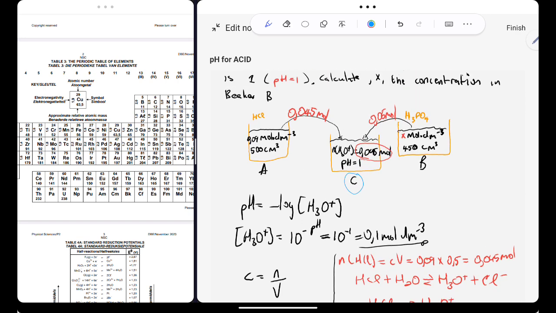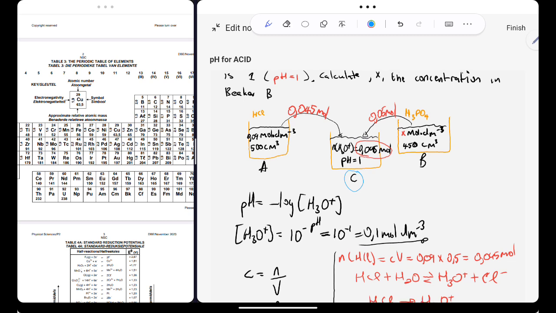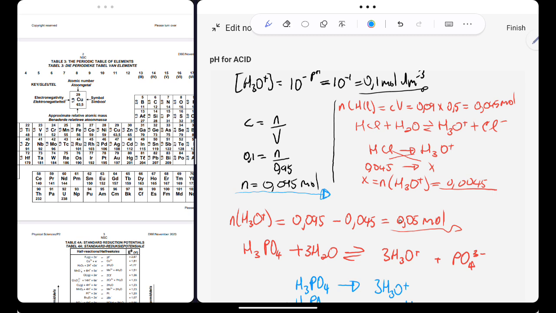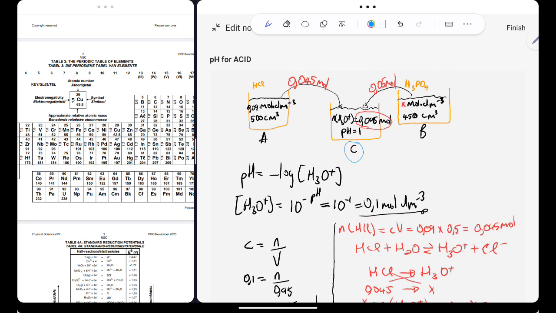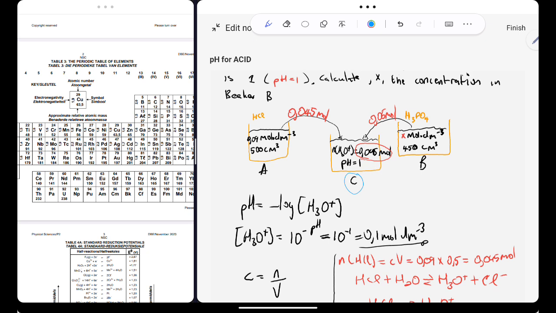So that means the difference will be contributed by beaker B, and the difference I found to be 0.05. Are you together? But please remember that the 0.05, guys, is not the number of moles of the acid.